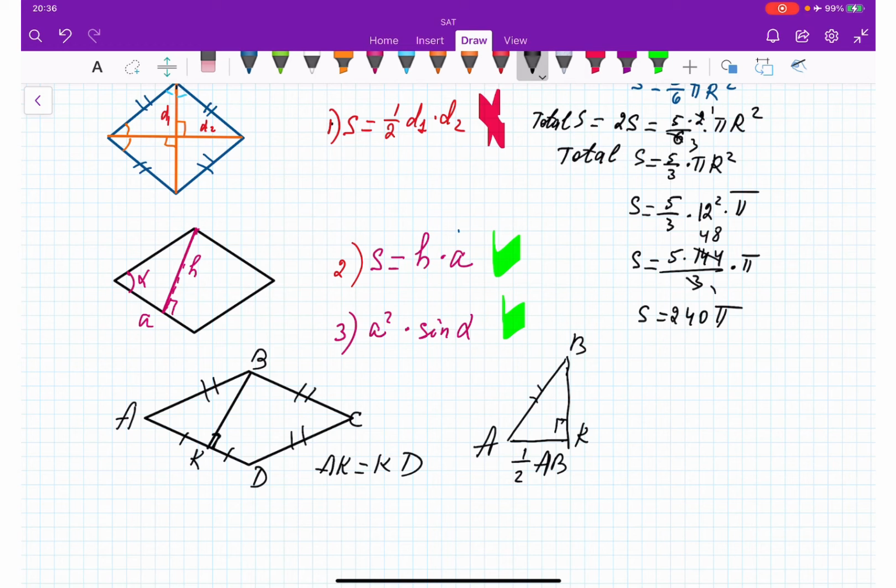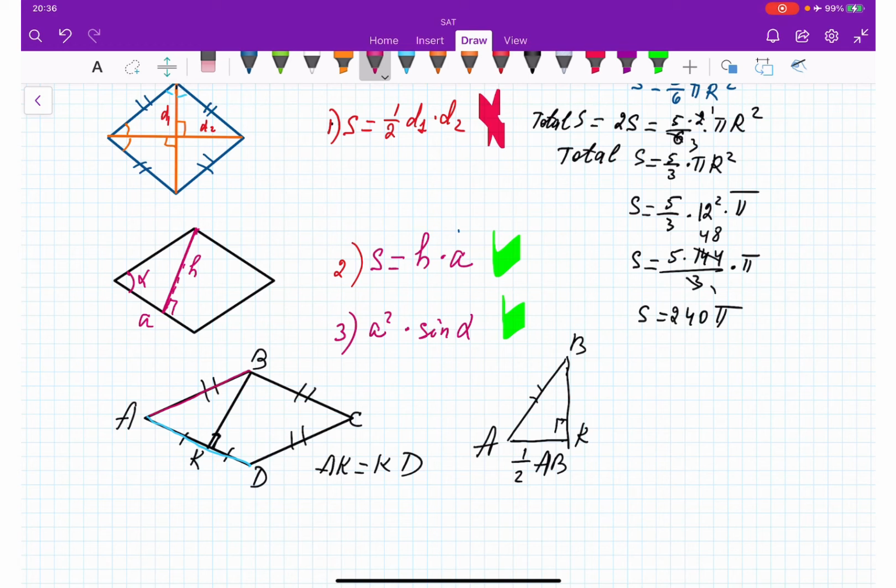Because, look at the rhombus, AD is equal to AB. So BK, the height, is dividing the side into half, and there is such a theorem that the height provided from the obtuse angle to the opposite side divides that side into 2 equal parts.